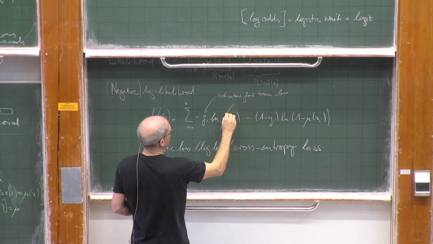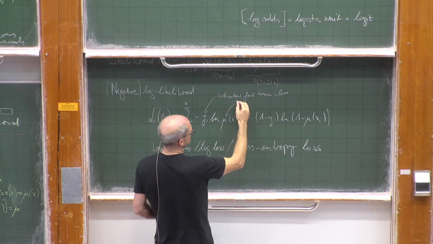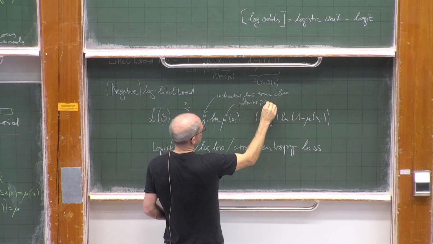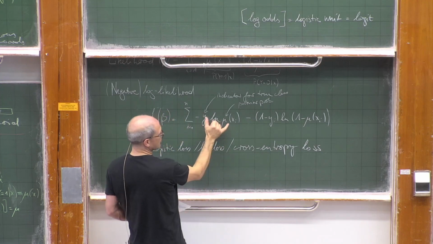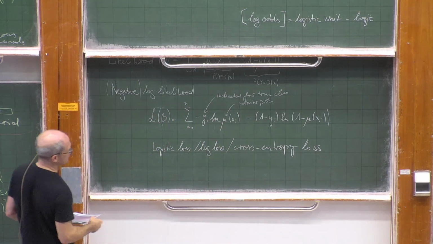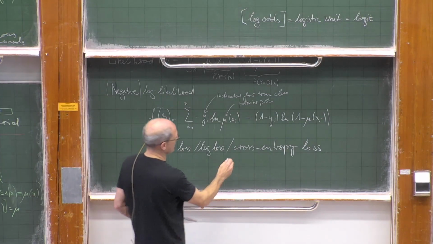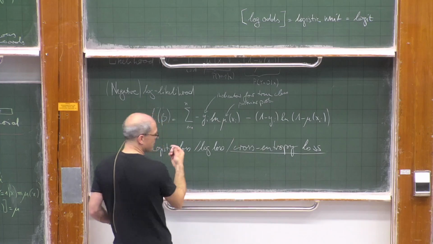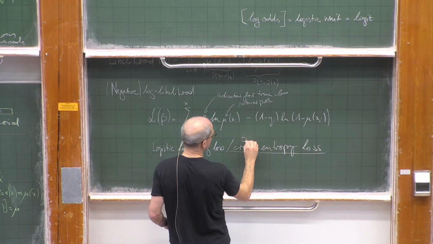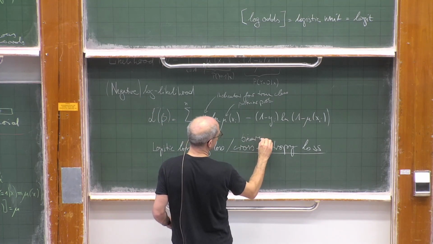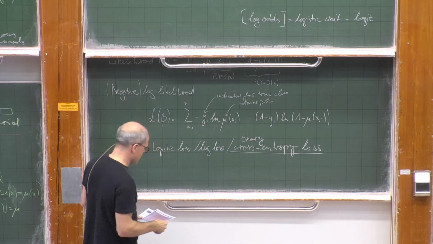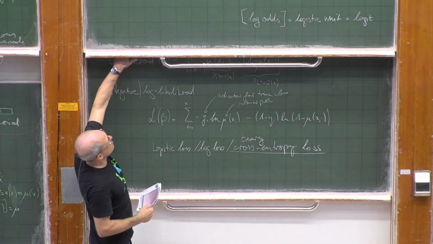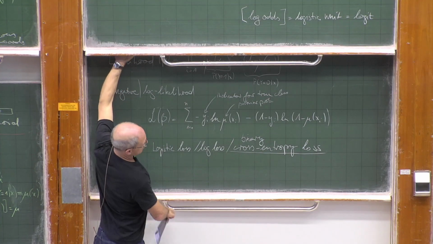And here we have our estimated posterior probability. And so it's the cross-entropy between these two distributions. This is where the name comes from, the cross-entropy loss. Or because we have two classes here, this is the binary cross-entropy loss. And this is the thing that's actually used to train neural networks for classification.